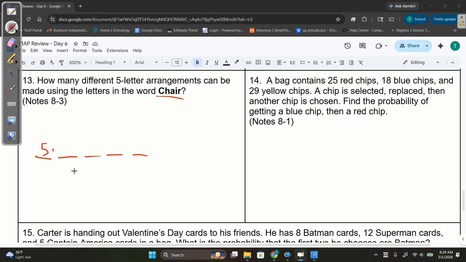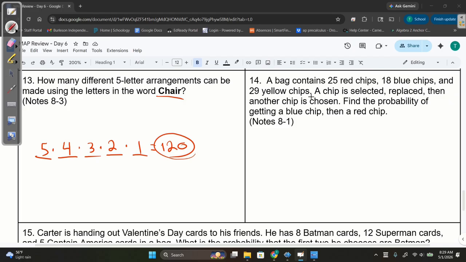So it's going to decrease by 1 and become just 4 options for the next slot. This is going to repeat itself until I just have 5 times 4 times 3 times 2 times 1, which is 120. So there's 120 different letter arrangements I can make.